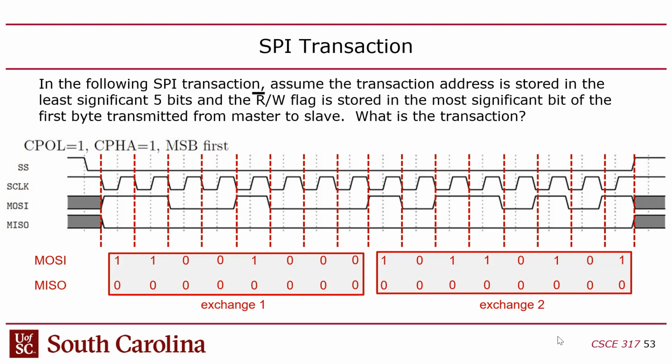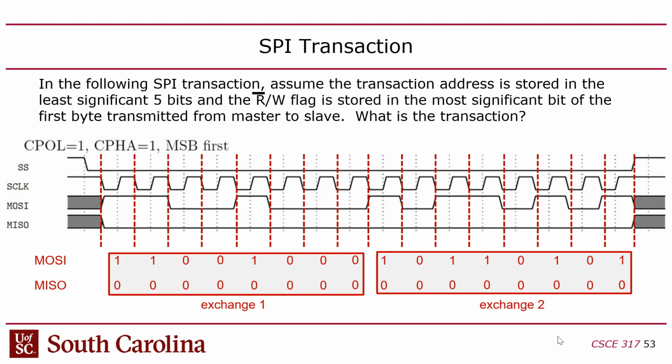Those low order 5 bits in the first exchange are the address. So the address I am writing to, and I know I'm writing because that first bit is 1, is 8. So the master's saying, write a value to address 8, and in the next exchange, I'll tell you what that value is.